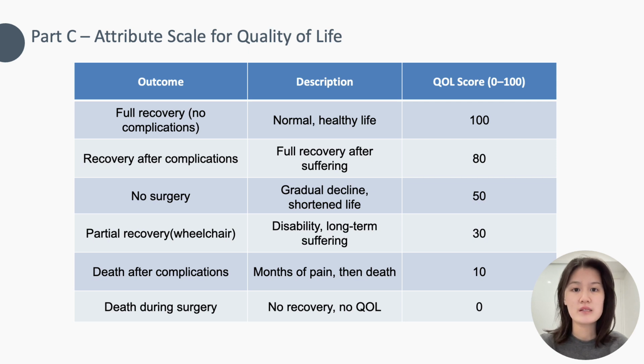Recovery with no complications is scored at 100, and death during the surgery is 0. Intermediate outcomes like full recovery after pain, gradual decline, disability, or pain and then death fall in between. These scores let us compare decision paths using a consistent, interpretable metric.